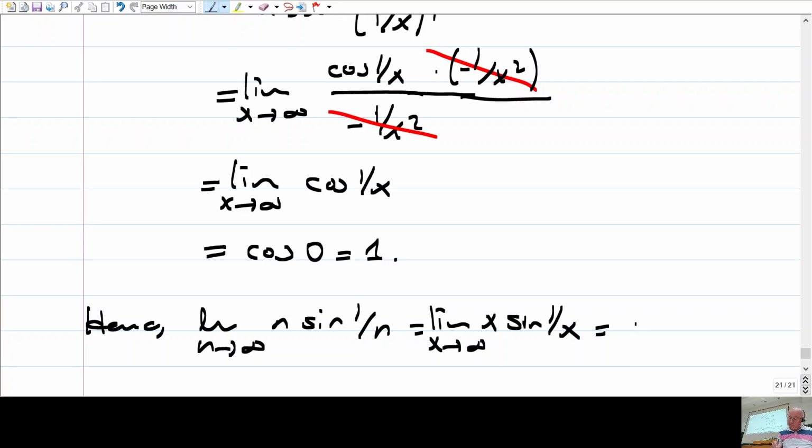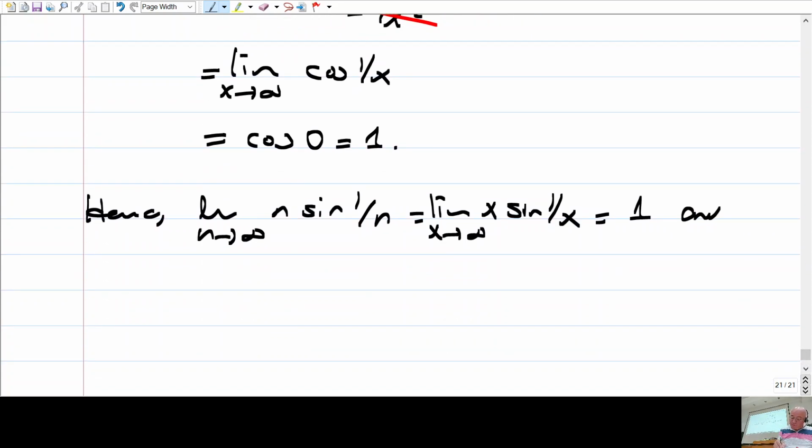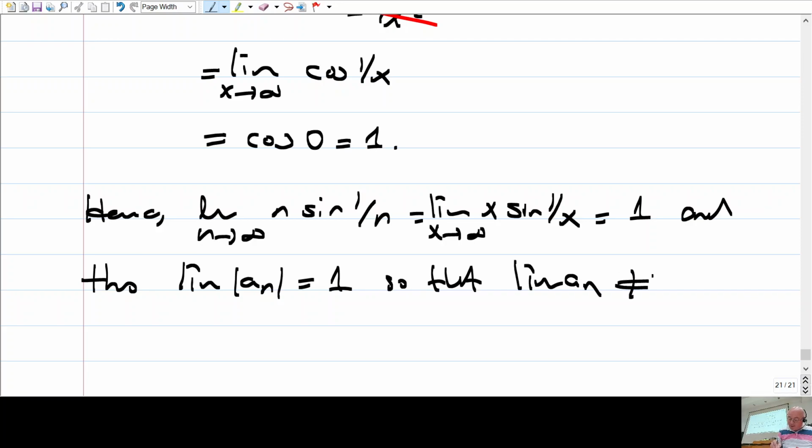So this is just 1, and thus the limit of the absolute value of a_n is equal to 1, so that this limit cannot be 0, right? If a_n had limit 0, then its absolute value would have the same limit. But the absolute value has limit 1. Therefore, this limit cannot be 0.